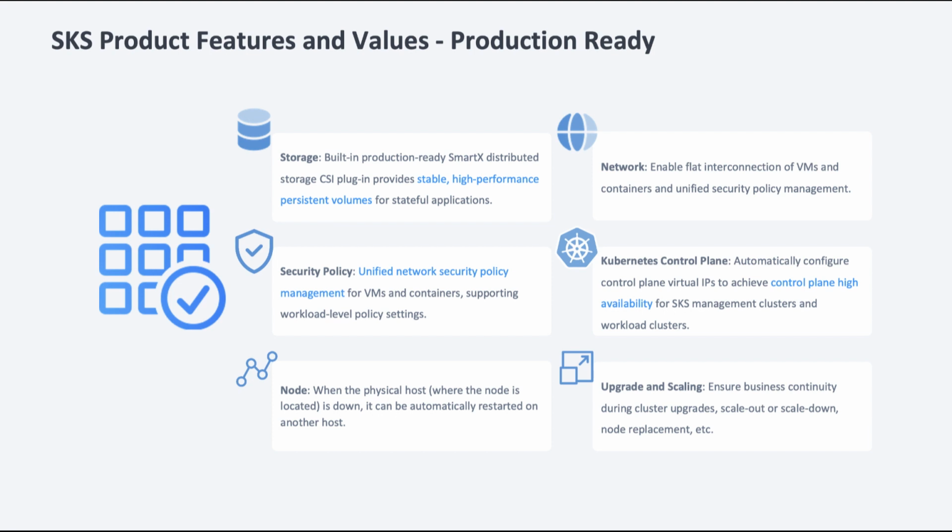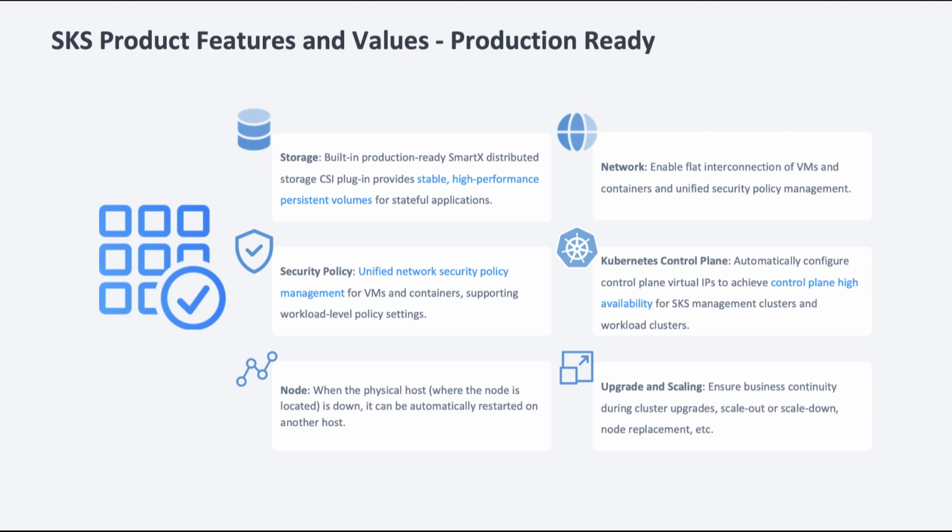SKS pre-integrates production-level storage and network components with control plane high availability to ensure high performance and highly reliable running of stateful applications. For example, the built-in SmartX production-level distributed storage CSI add-on can provide stable and high-performance persistent volumes for stateful applications.